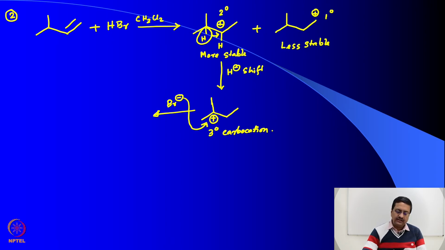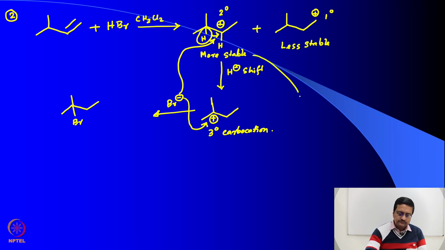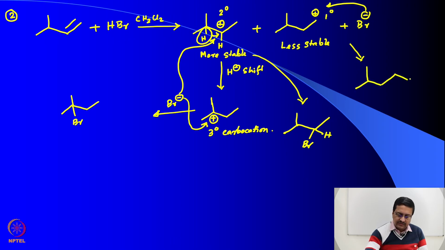The possibility of reacting with the 3-degree carbocation to form this compound, to react with the 2-degree carbocation to form this compound, and if Br minus reacts with the 1-degree carbocation, which is very unlikely, it would give you a third possible product, which is this one.